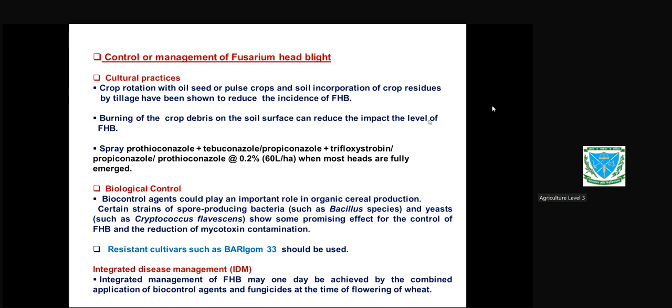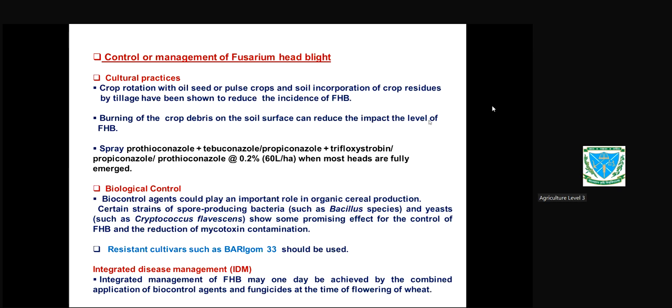Alternative propiconazole plus trifloxystrobin or propiconazole plus prothioconazole. You can apply 60 liters per hectare or more when most heads are fully emerged. যখন সবগুলি হেড বের হয়ে যাবে তখন তোমার এই কেমিক্যালগুলি স্প্রে করতে হবে so that you can protect your plant.